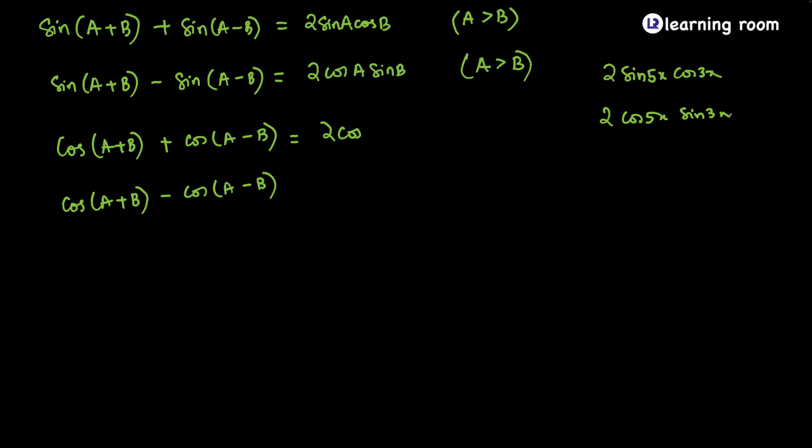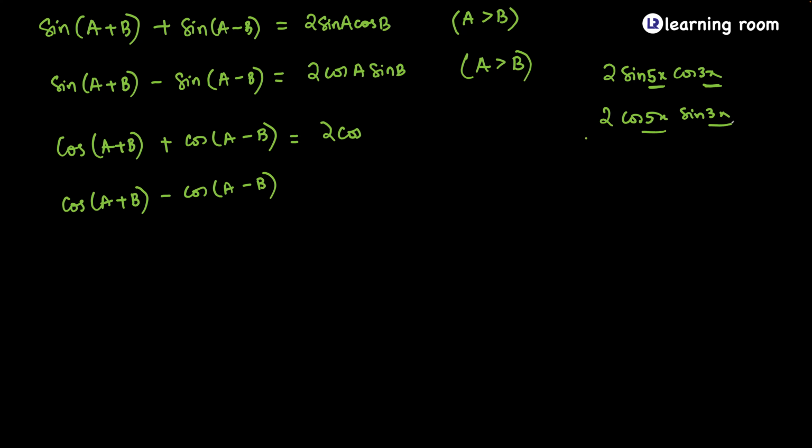Because sine has a greater angle compared to cos. In a similar way, if you have 2 cos 5x and sine 3x, you should write it as sine minus sine, because cos is having a greater angle compared to sine. So are you able to understand? This is a very important point to be noted.